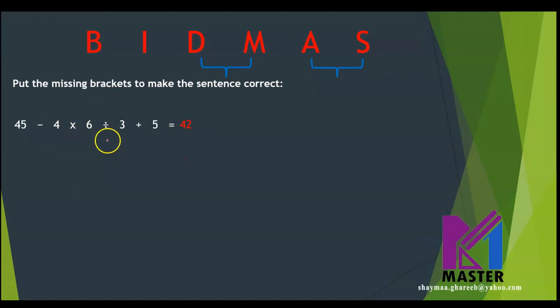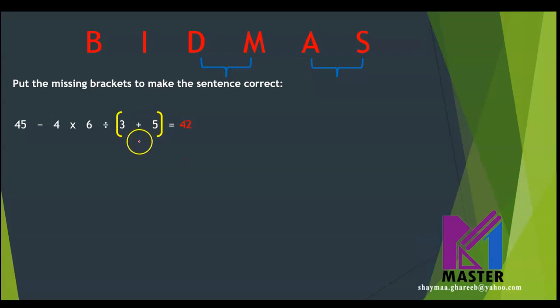If I do it normally, I should start with the multiplication. So I will not put the bracket here. It will not give me the 3 I want. And I have division. If I did the division first, it will give me 2, and 4 times 2 is 8 plus 5, so it will not be 3. So what about the addition?